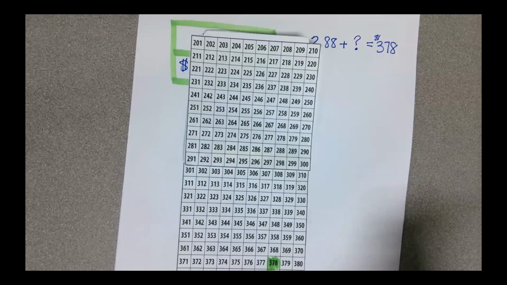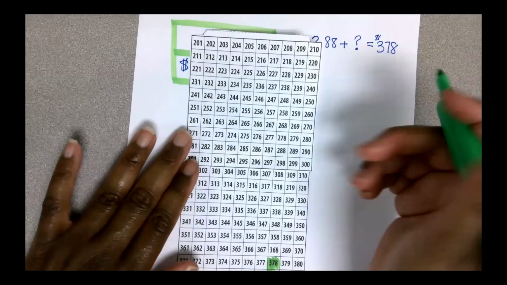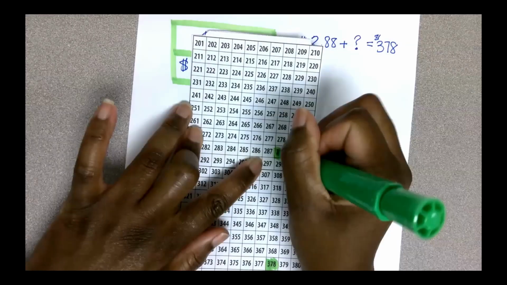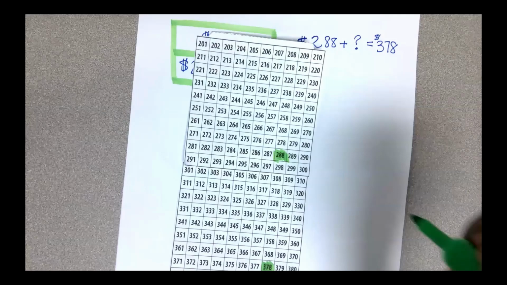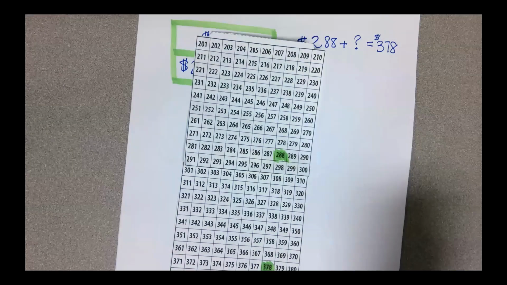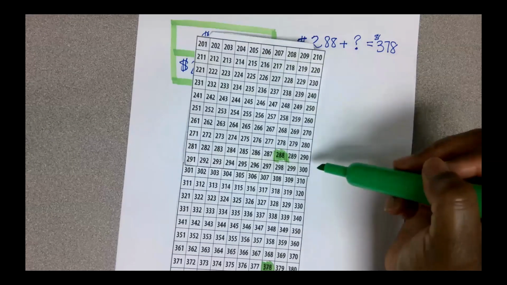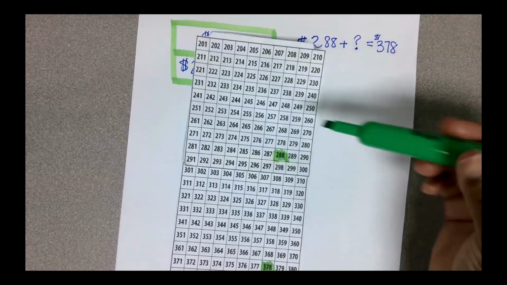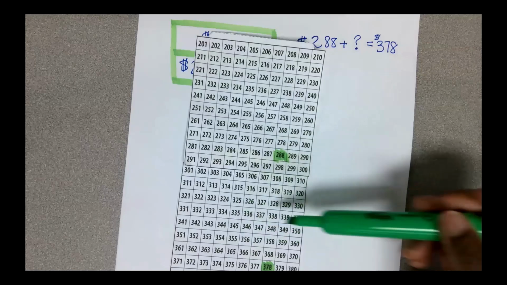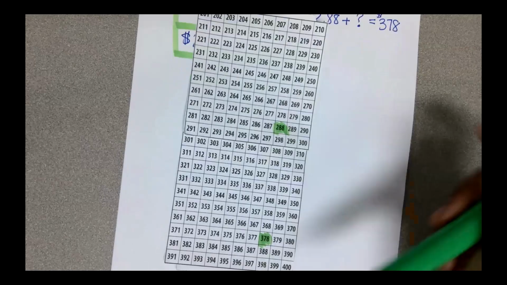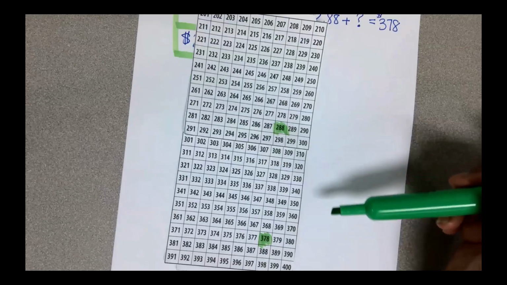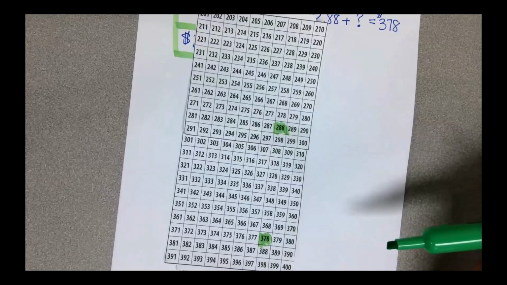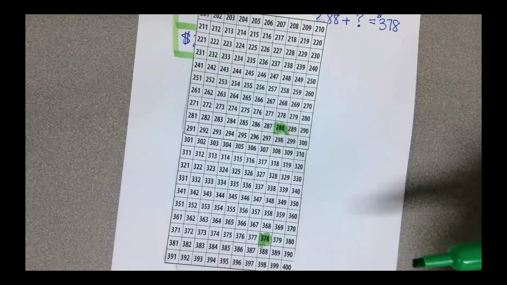I will also highlight 288, where it appears on that portion of my thousands chart between 201 and 300. My goal is to determine how many squares there are between 288 and 378 on my chart. That will tell me how much money Byron had left after he bought the fancy new purse for his wife.